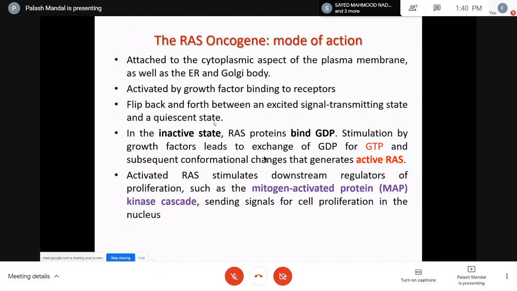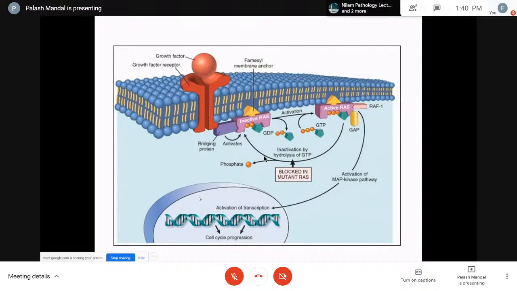So in inactive state, as I told you, RAS binds to GDP, and in active state it binds to GTP, that is triphosphate. Now activated RAS stimulates the downstream regulators of proliferation, which I told you. Okay, so you have to see that this particular thing leads to the cell cycle.